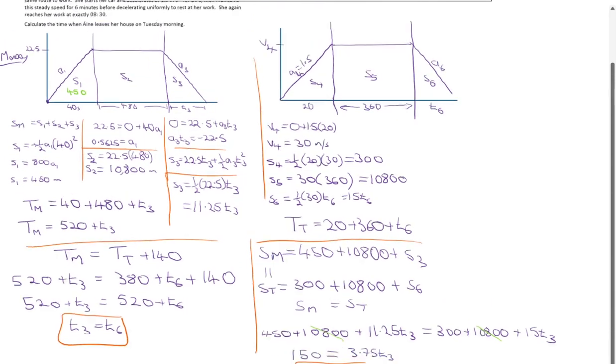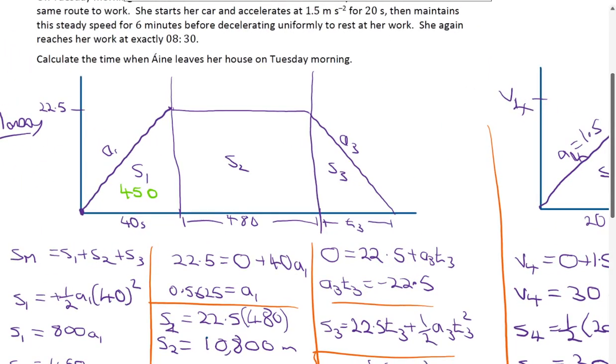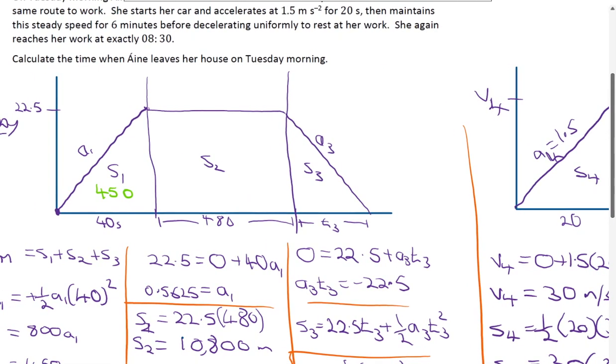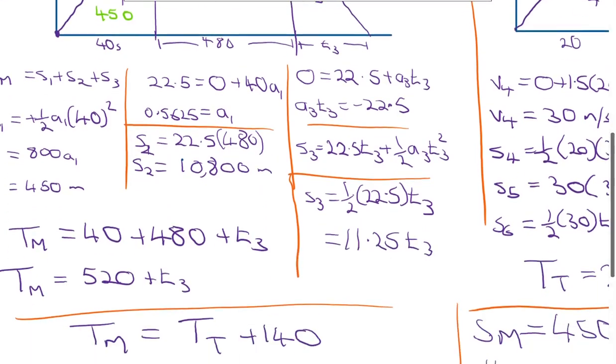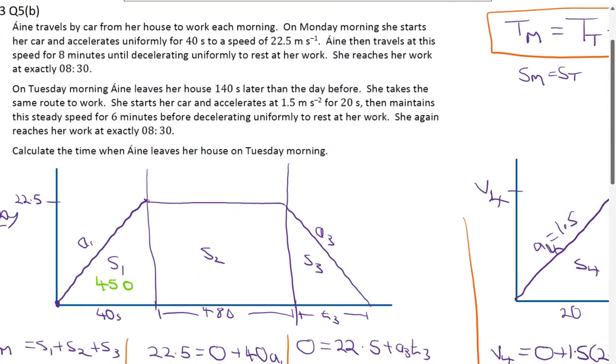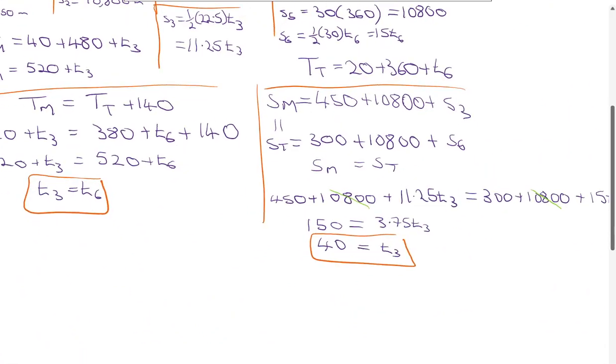Well, what time does she leave her house on Monday morning? So okay, we want to arrive at 8:30. So how long does the trip take on Tuesday? So TT.